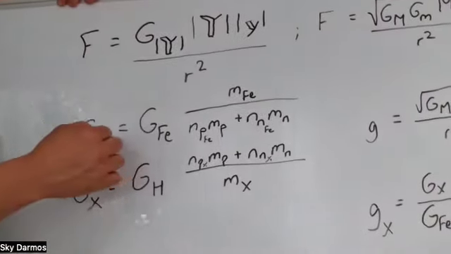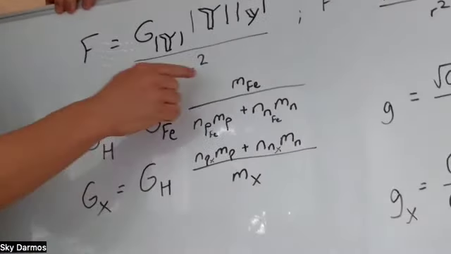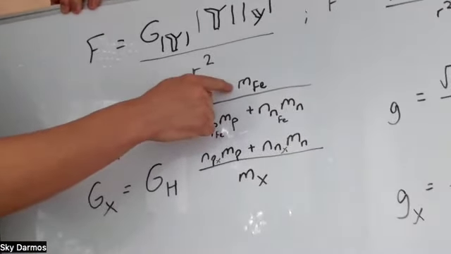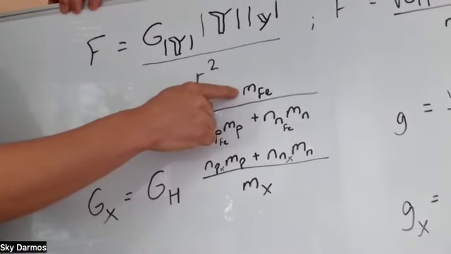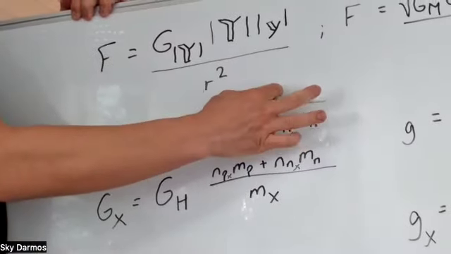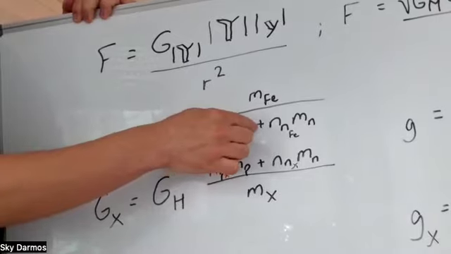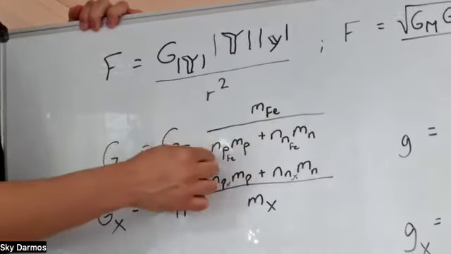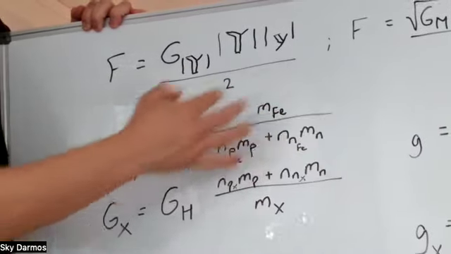And here is how you calculate the G value of hydrogen. You have to calculate out the binding energy. This is the mass of the iron atom, and it is small because it's reduced by the binding energy. This is the small number, and this is the big number: the number of protons times the mass of proton, plus the number of neutrons times the mass of neutron in iron.